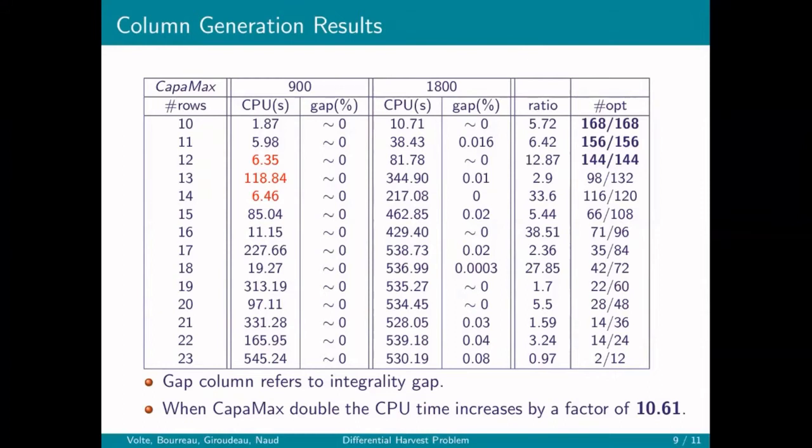And we have computed the ratio between the CPU times found for the instances with kappa max at 900 and 1800. And we have computed a factor of 10.5 times higher. So when we double the kappa max parameter, there is an order of magnitude increase in the CPU time.